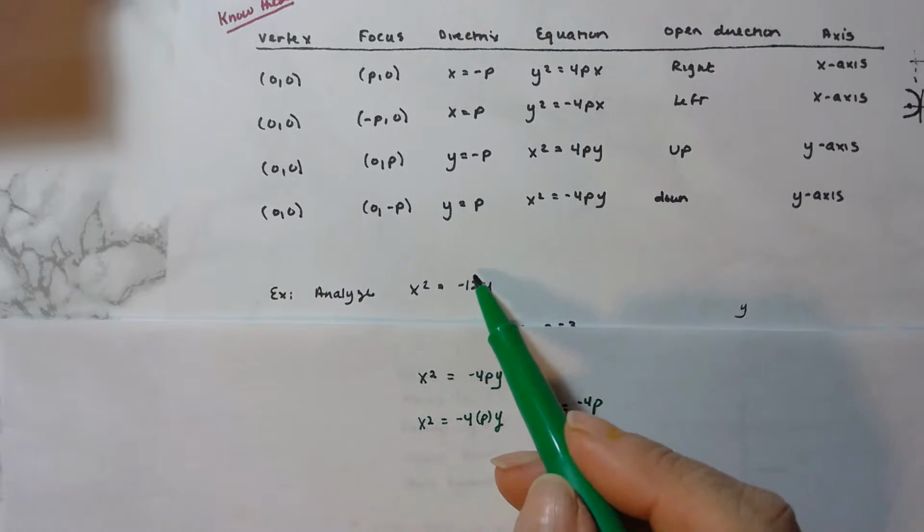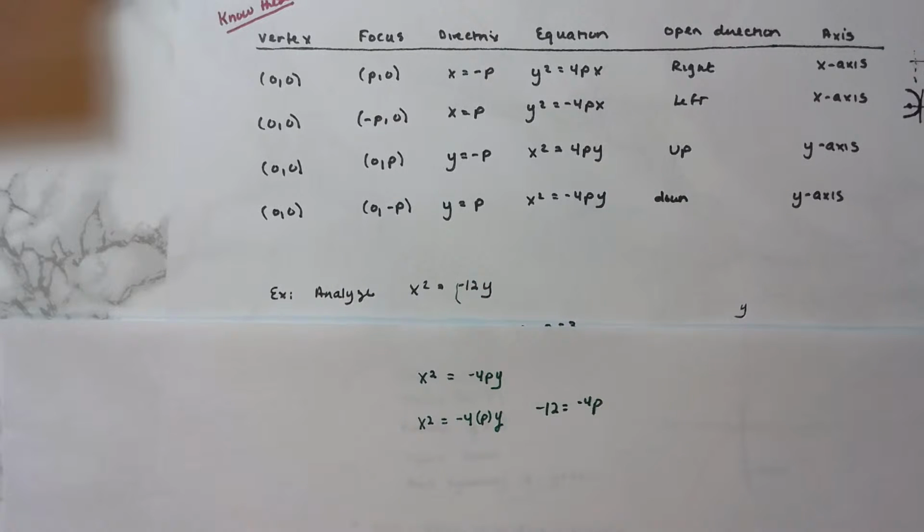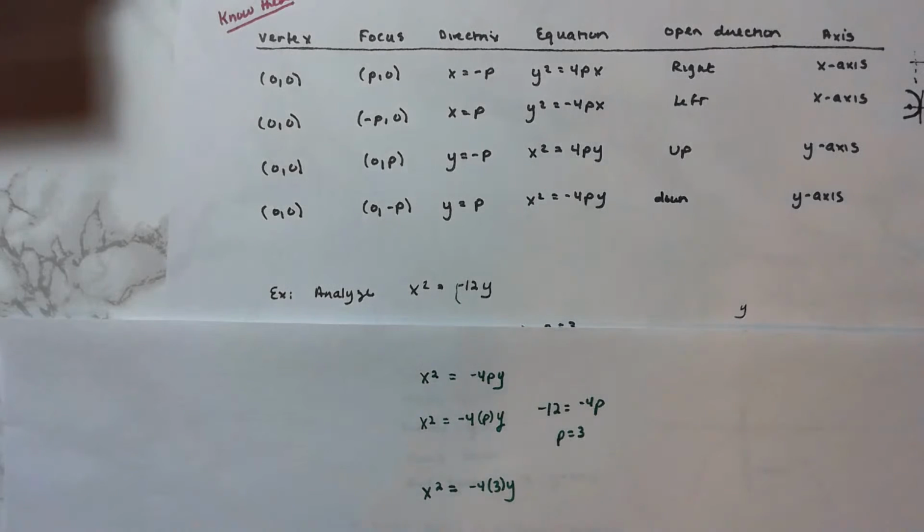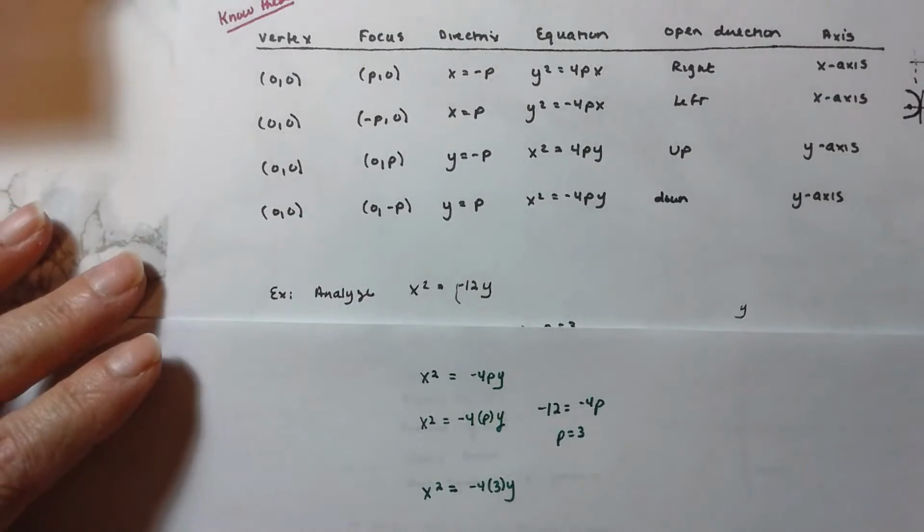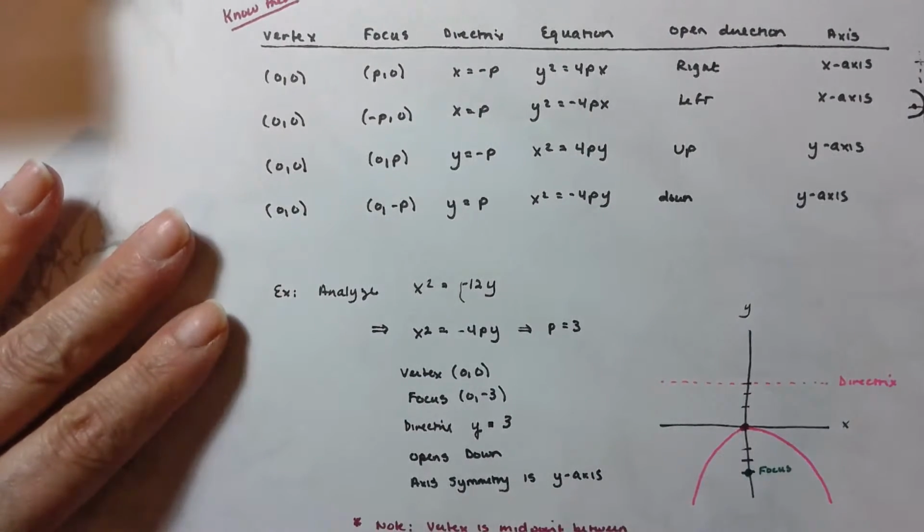So in other words, my p is combined in here. And so guess what? My p value is 3. So what I have here is x squared is equal to negative 4 times 3 times y. The other thing I know is that my vertex is at (0, 0), so I could make a quick sketch, and I already did that, so I'm going to show you.